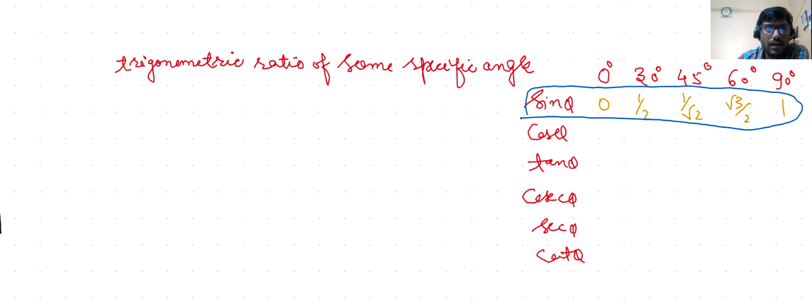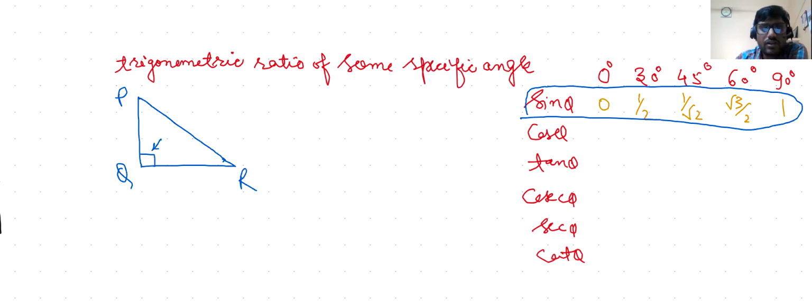For example, I'm going to tell you one more concept that belongs to this case. Say we have PQR, a right angle triangle. If it is a right angle triangle, there must be one angle of 90 degree. According to the angle sum property, angle P plus angle Q plus angle R is always 180 degree.